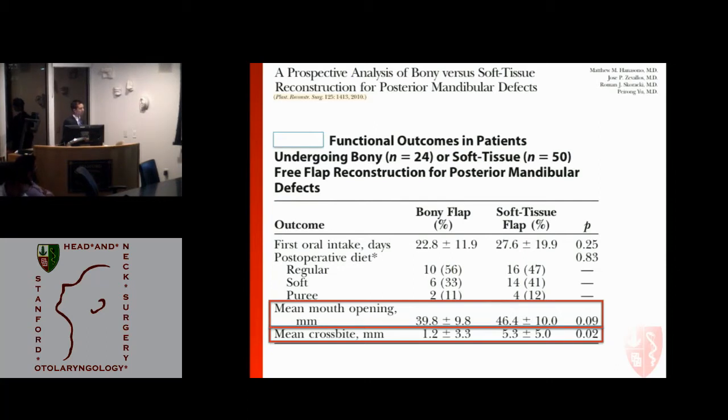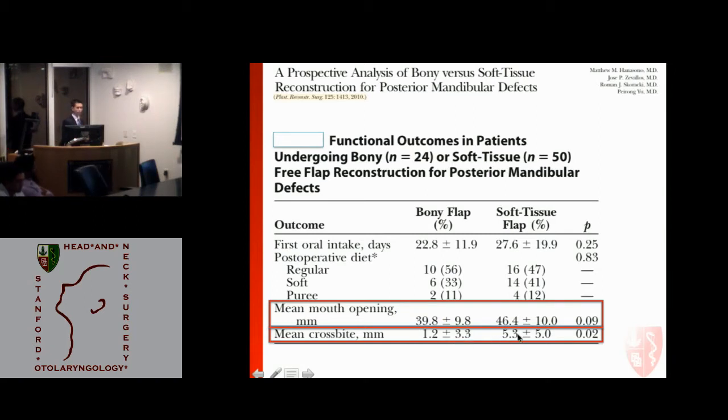So he compared reconstruction of mandibles that had a mixture of condylar loss, condylar head loss, and matched them between two groups. So a group that received an osseous flap and a group that received just soft tissue reconstruction. So 24 patients versus 50 patients. And so the major difference between the two was the amount of crossbite, which kind of makes sense.